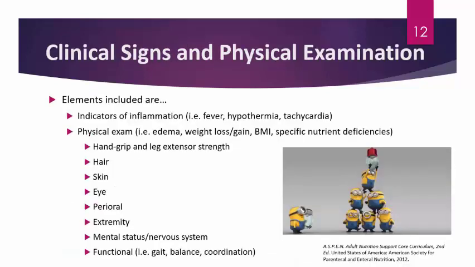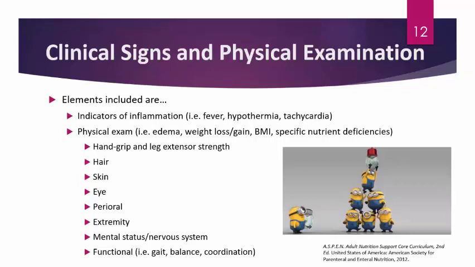Next portion we'll talk about are clinical signs and physical examination. So these are things such as your vital signs, even as indicators of inflammation. You may see patients have fever, hypothermia, and tachycardia. All these are different signs of inflammation that exist, but there are tons more signs of inflammation that are present.